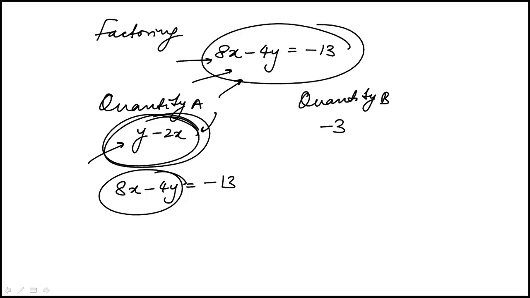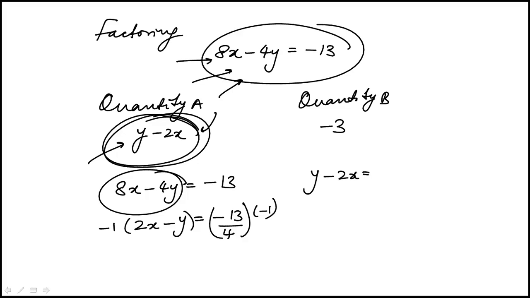So my goal would be to convert this to look as much similar to that as possible. So I'm going to divide both sides by 4, and I get 2x minus y equal to minus 13 over 4. I have a minus y here and a plus 2x, so I know if I multiply both sides by minus 1, I'm going to get y minus 2x, and on the other side I'm going to get 13 over 4.